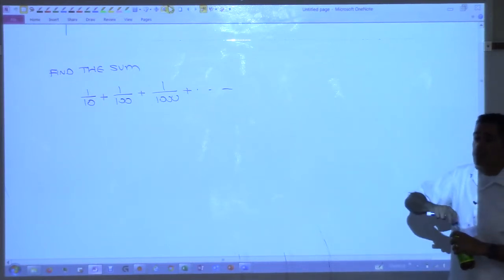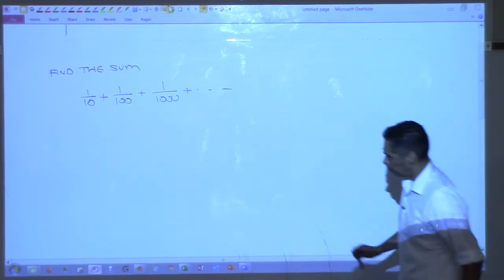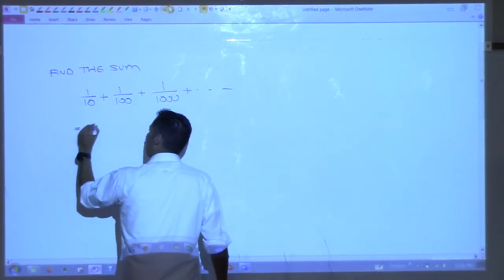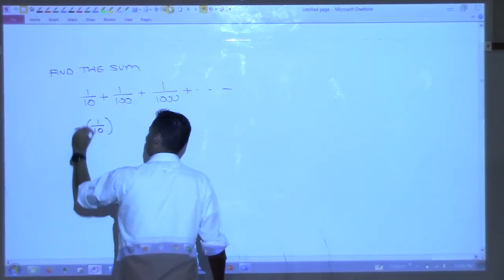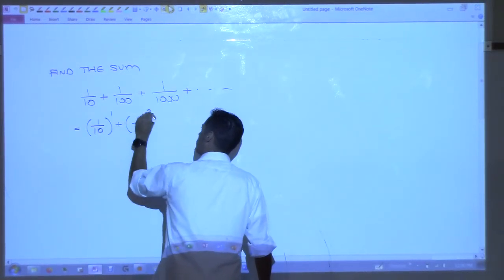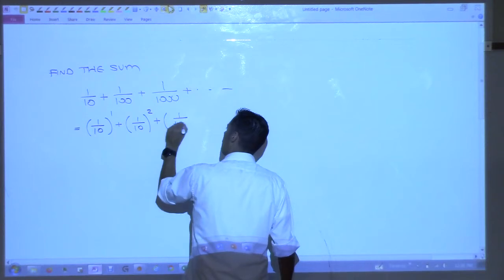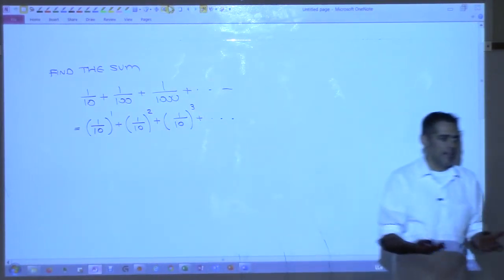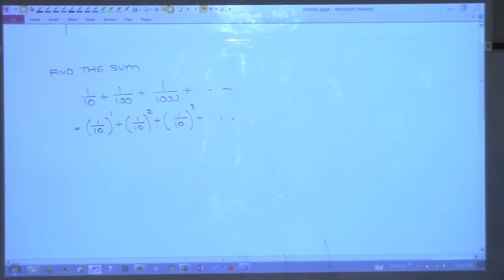So we first need to see it's a geometric series. I'm going to rewrite this as 1/10 to the first power plus 1/10 squared plus 1/10 to the third plus ... So I have to recognize that. I have to see that, right?